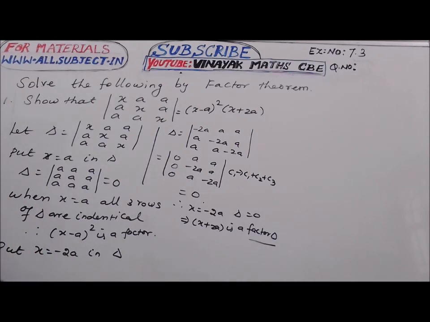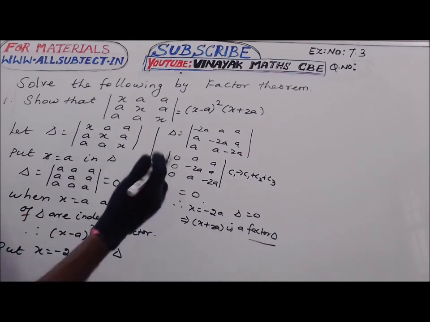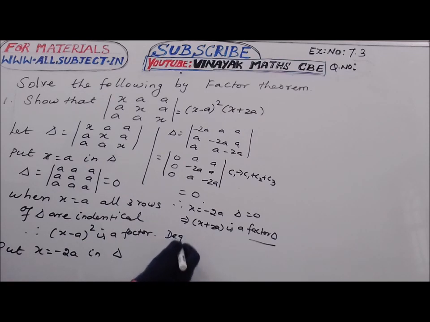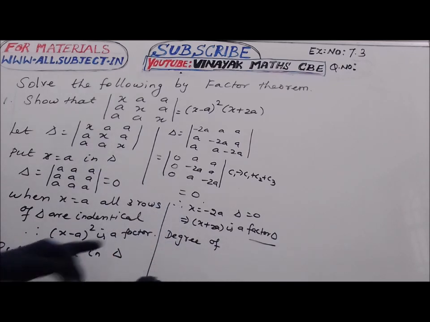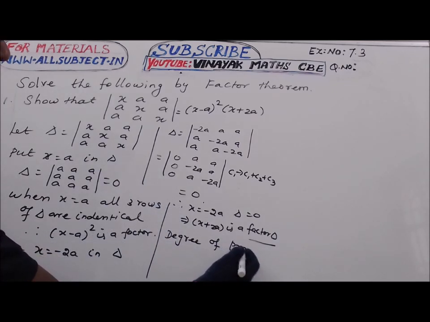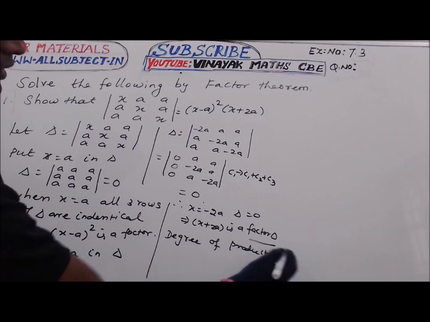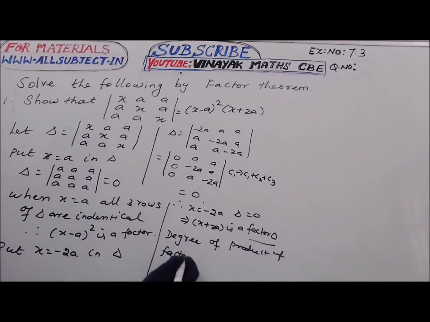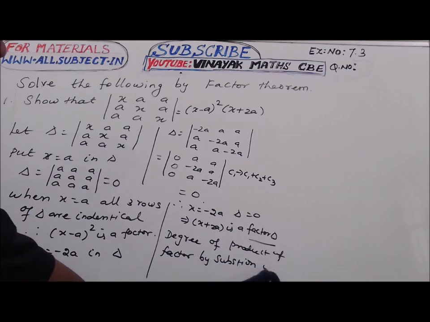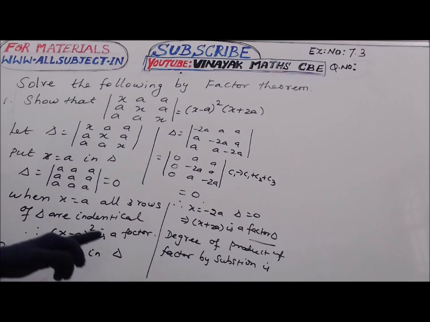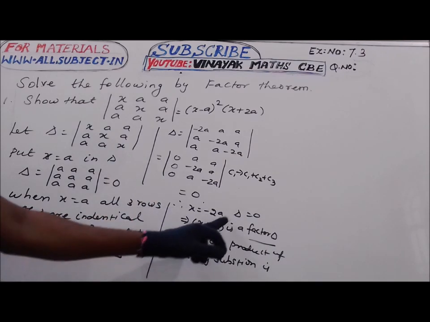Now, we have found two factors, (x minus a) whole square, two factors, and x plus 2a, one more factor, by substitution. Therefore, we need to find the cyclic symmetric factor. To do that, the degree of the product of factors by substitution is here (x minus a) whole power 2 and here (x plus 2a) whole power 1.